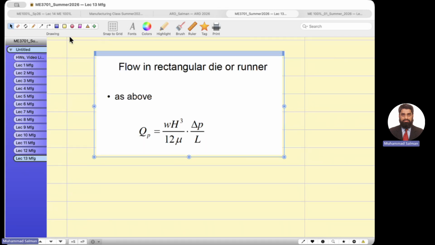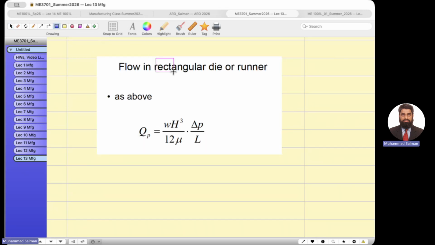When you have a rectangular die, make sure it's a rectangular die, then you will use this formula, the flow inside the rectangular die. I will show you two cases, one for the rectangular die, the other one for the cylindrical die.